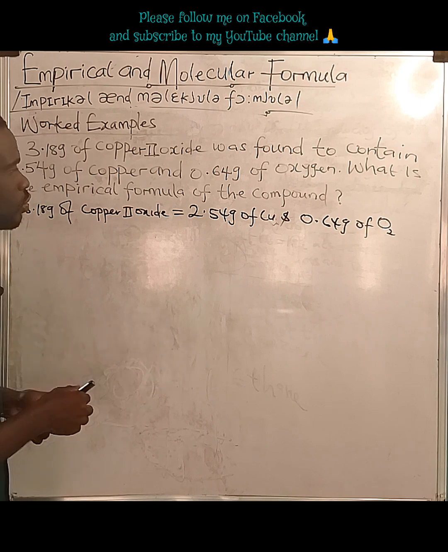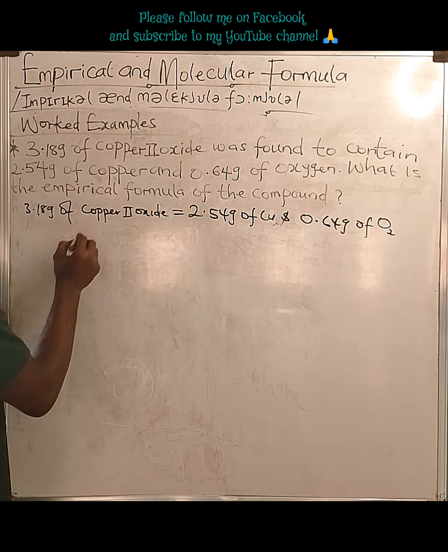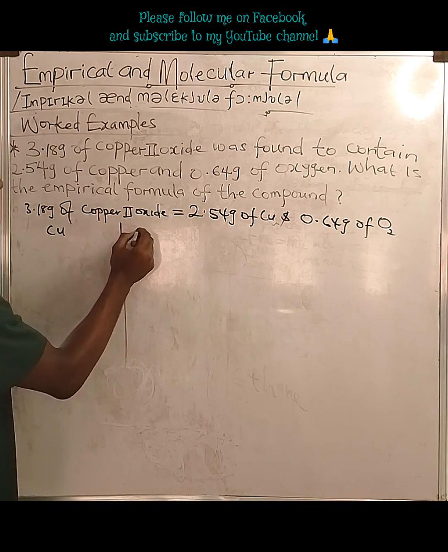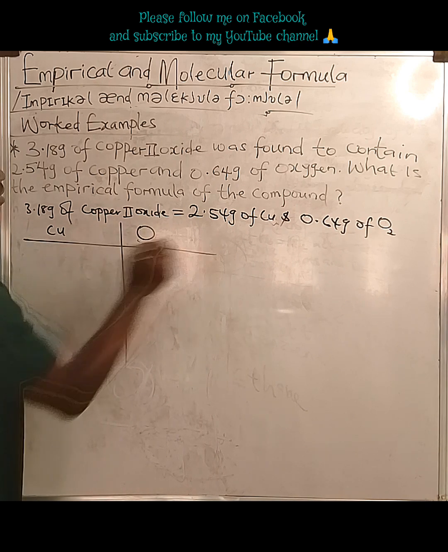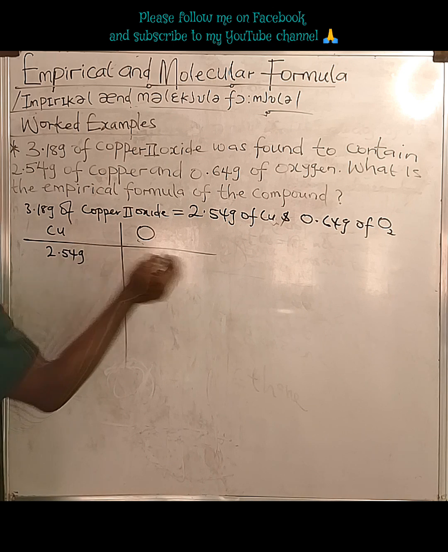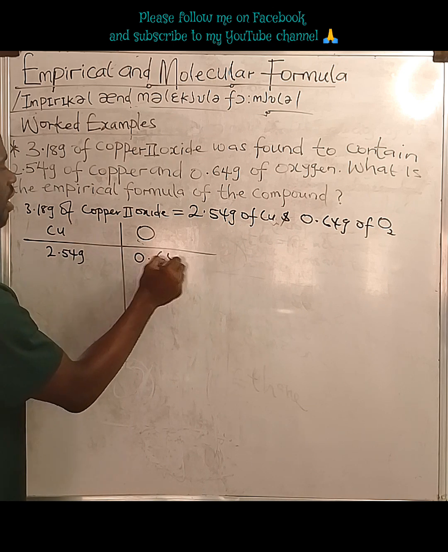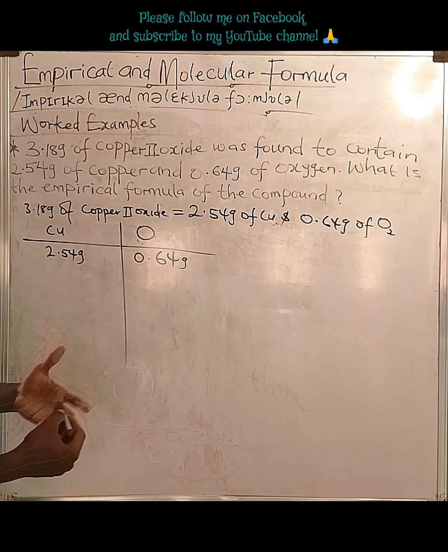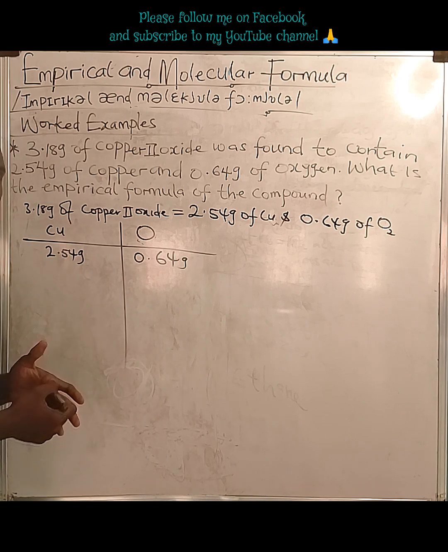So now what do we do? The first thing, we're going to draw our table. This is the copper section, and this is the oxygen section. So for the copper, we have 2.54 gram of copper, while here we have 0.64 gram of oxygen. Now what we're going to do, we're going to get our mole, the mole for each of them. So what's the formula for mole?